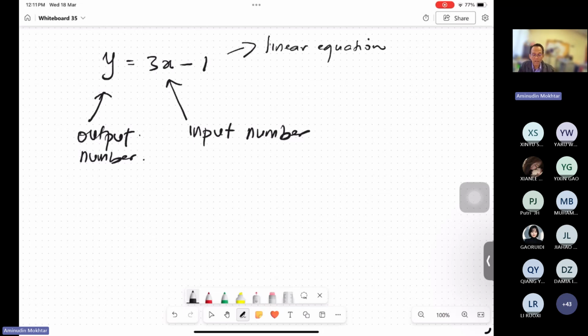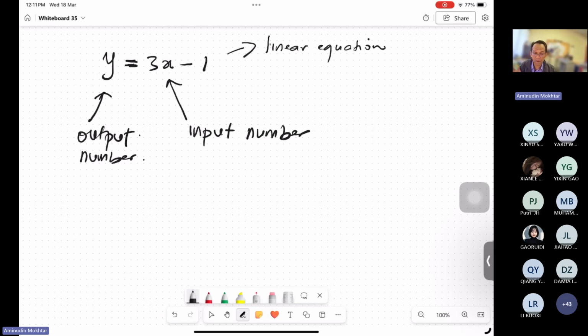For any function, input is located at the right side of the equation, and output is located at the left side of the equation. So we write y equal to 3x minus 1. The value of y depends on the value of x.